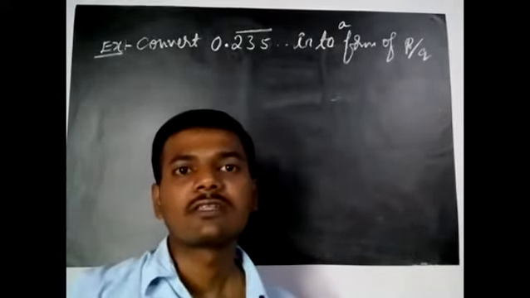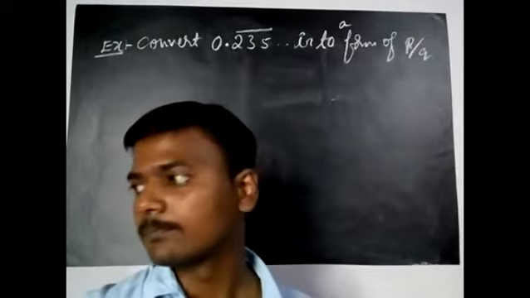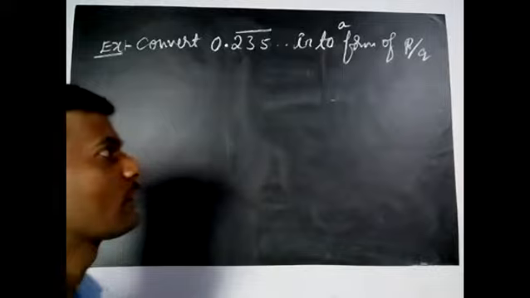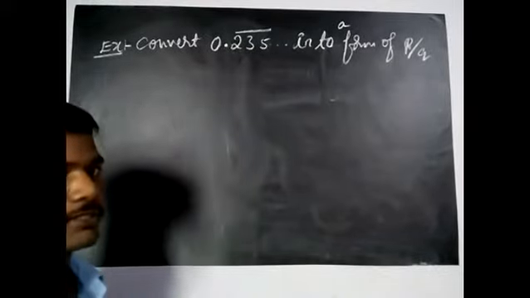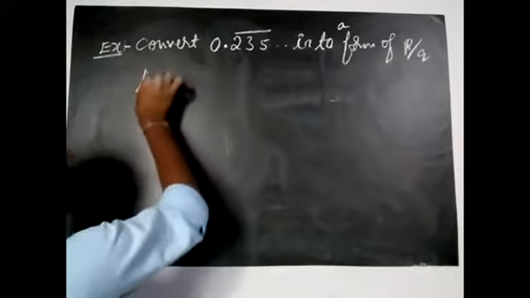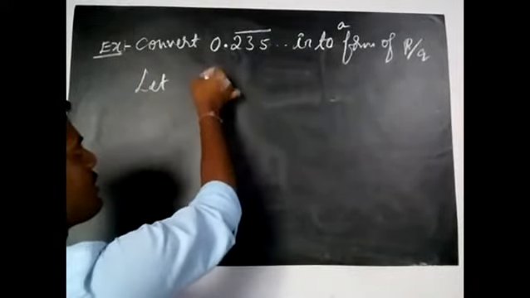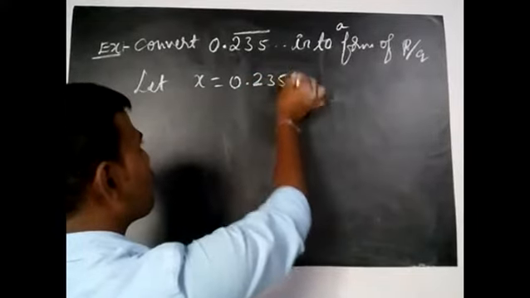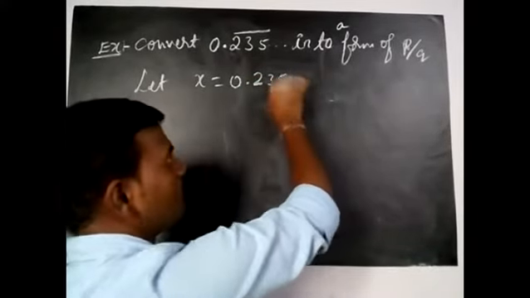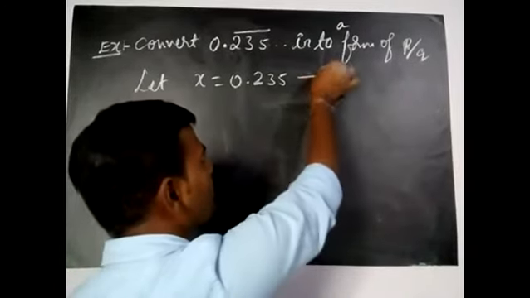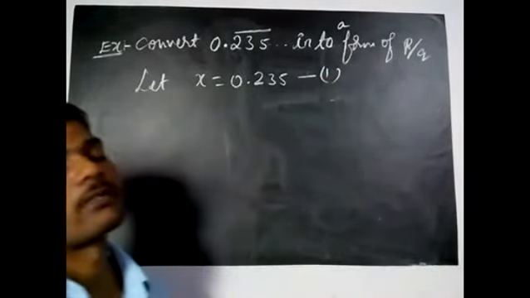So how can we convert this into p by q form? The same procedure that we followed last time. Let me take the given decimal expansion as x is equal to 0.235. Call it equation 1.